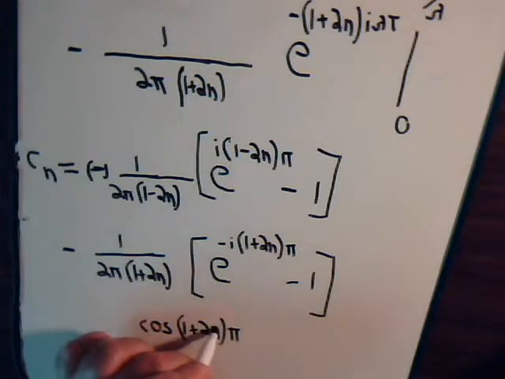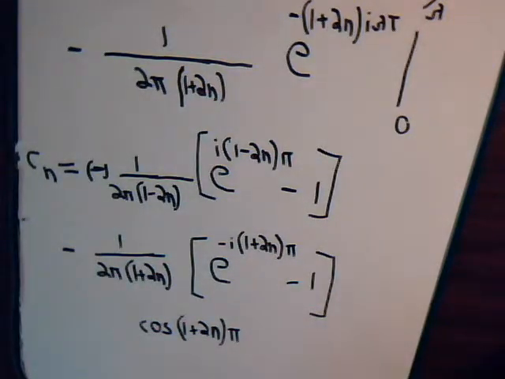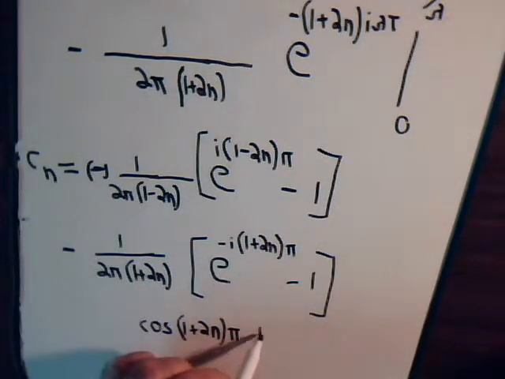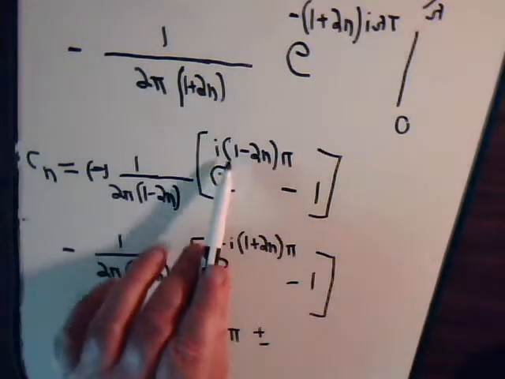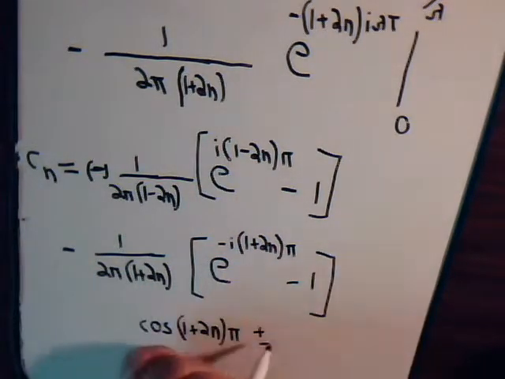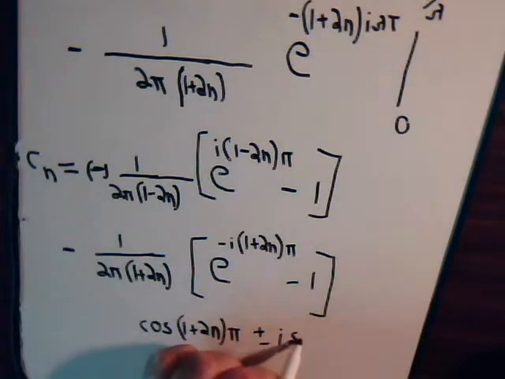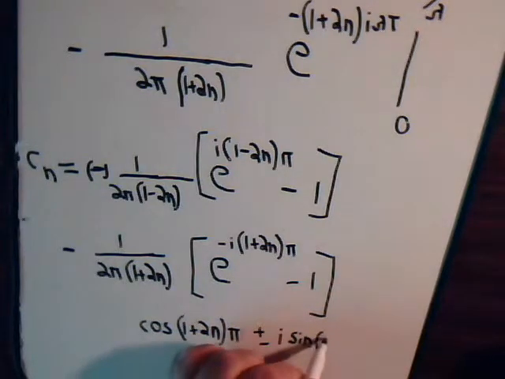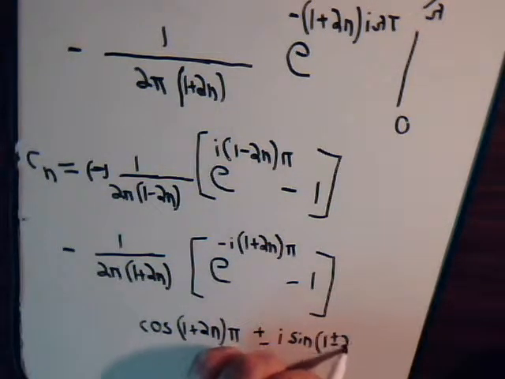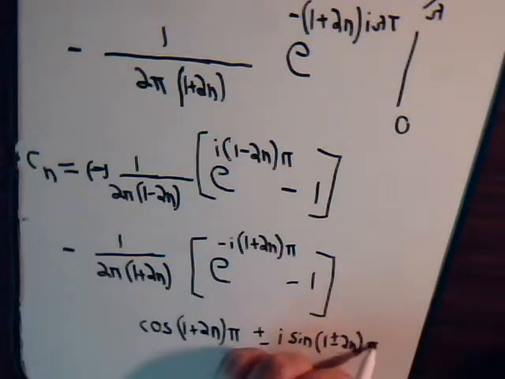This is n now. And then we're going to have either plus or minus, depending upon which function we're working with here. There's going to be i times the sine of 1 plus or minus 2n times pi. And it makes no difference whether it's plus or minus.